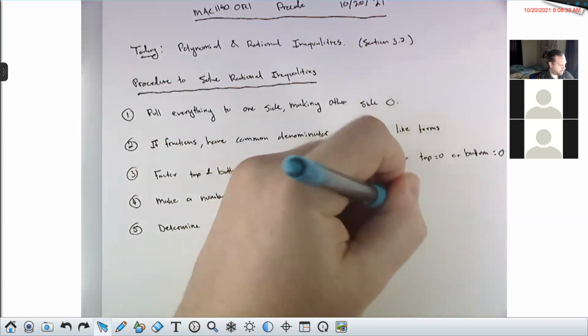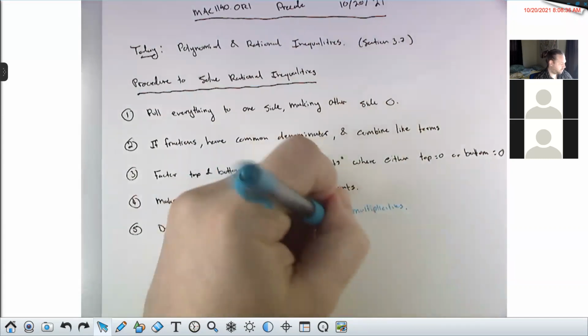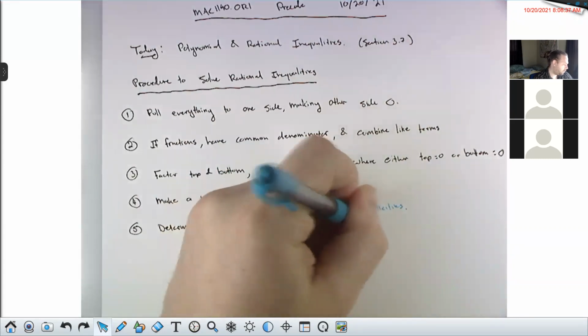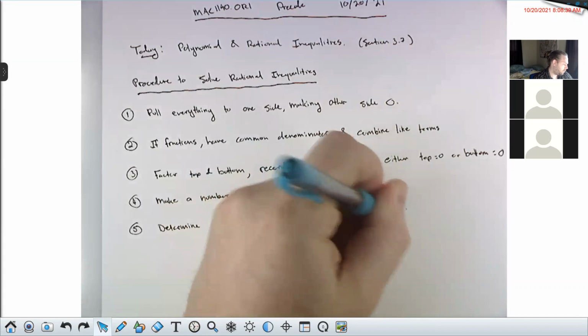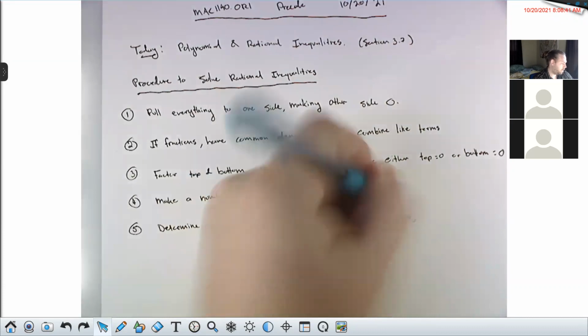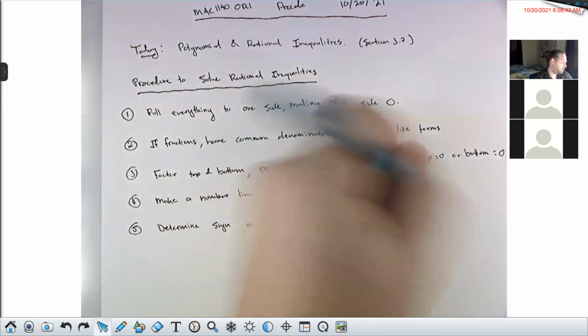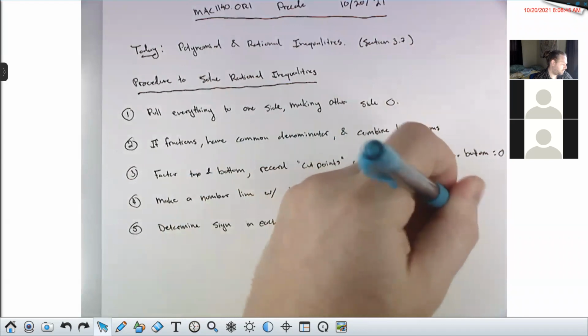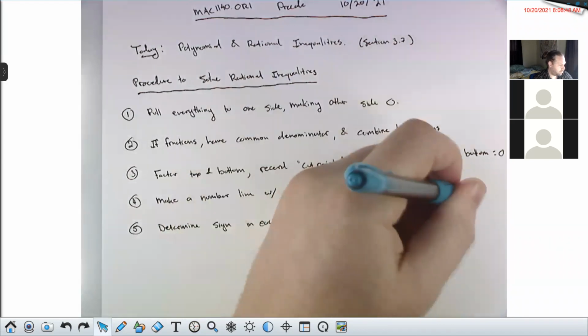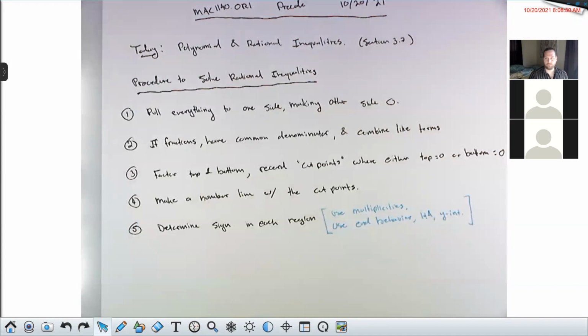You can also use end behavior, horizontal asymptotes, or the y-intercept. Any of those can be helpful to get you the first sign. And then once you have the sign in any one of those regions, you can use multiplicities to get the rest.